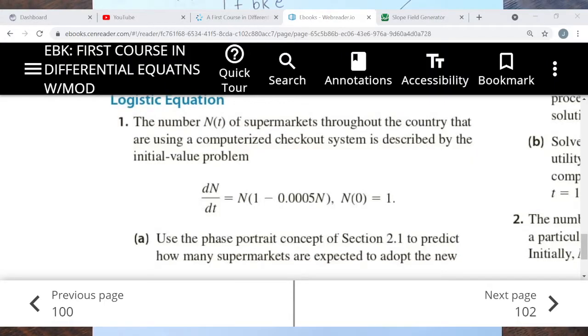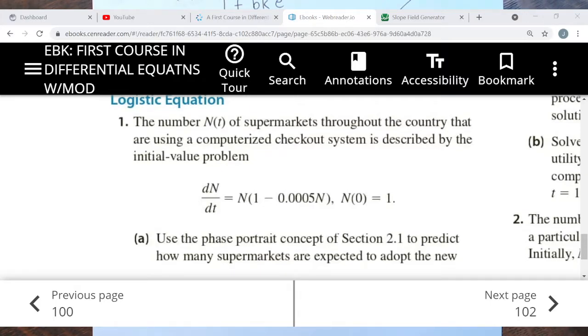In this question, you see the number now, instead of p of t, is n of t. Still for some population, but not of people. It's for supermarkets throughout the country that are using computerized checkout systems. This is described by the initial value problem.